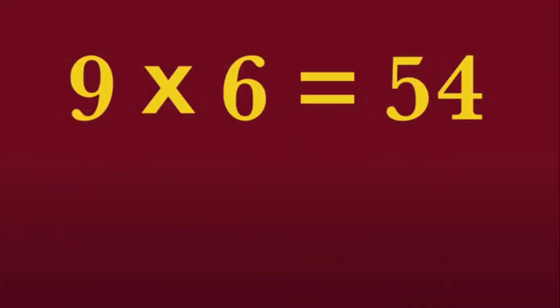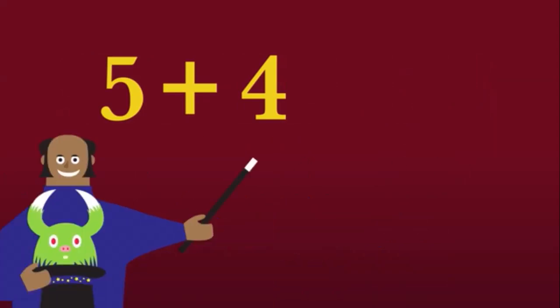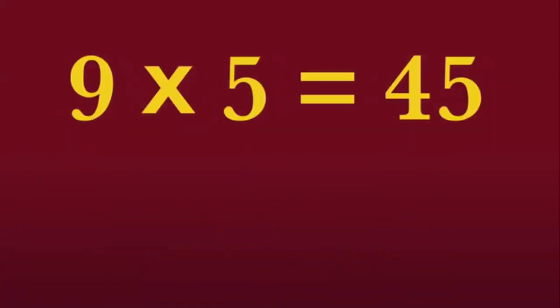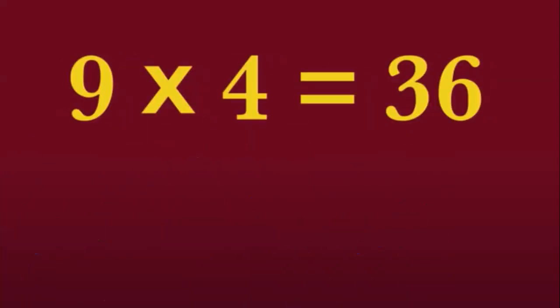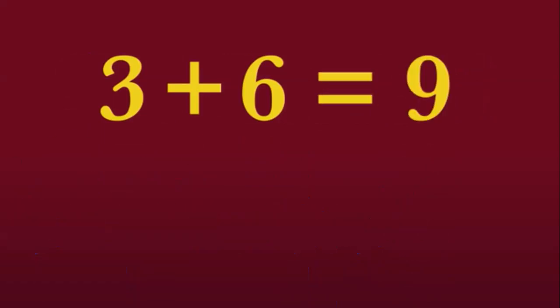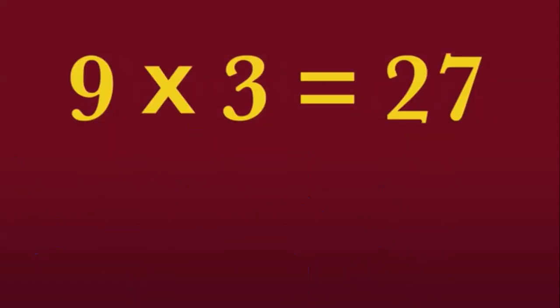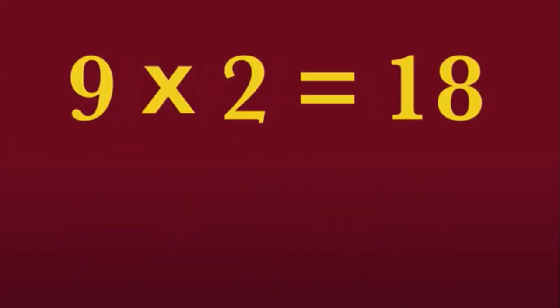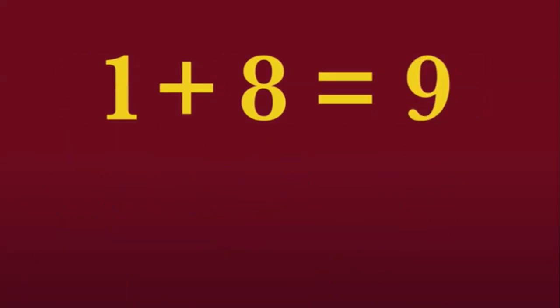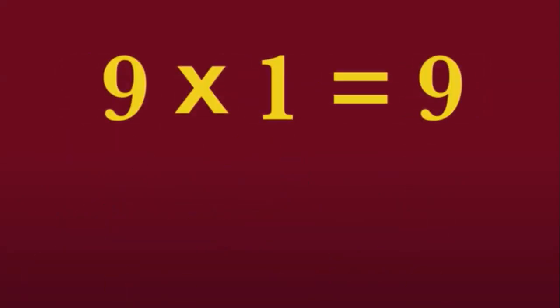9 times 6 is 54. 5 plus 4 is 9. 9 times 5 is 45. 4 plus 5 is 9. 9 times 4 is 36. 3 plus 6 is 9. 9 times 3 is 27. 2 plus 7 is 9. 9 times 2 is 18. 1 plus 8 is 9. 9 times 1 is 9.